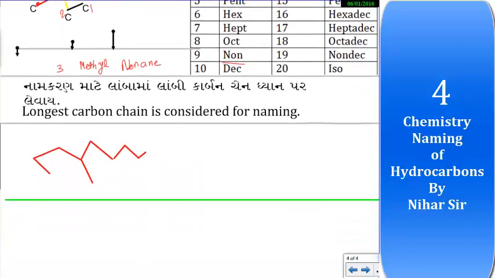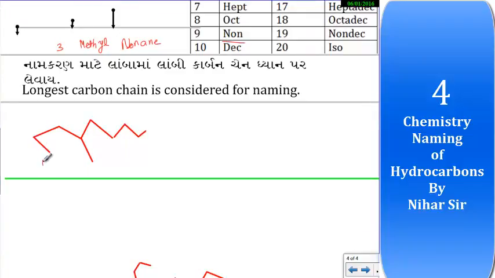Now in this longest carbon chain, let's start calculating from here. 1, 2, 3, 4, 5, 6, 7, 8, 9. And if I start calculating from the other end, 1, 2, 3, 4, 5, 6, it is far. This branching off is far from this point compared to the other point. So this is the nearer point, so I started calculating the number of carbons from here. So the branching off is on number 4.